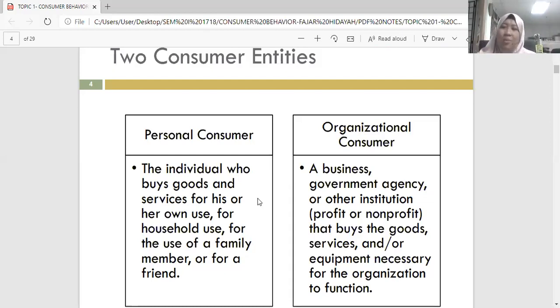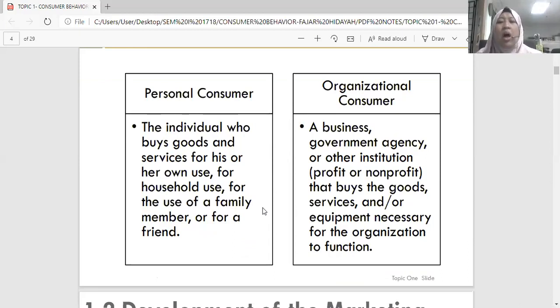In ITB, Introduction to Business, BUS 1231, there are two different kinds of organization: profit versus non-profit organizations, that buy the goods, services, and equipment necessary for the organization to function. For example, a company like IIC buys a photocopy machine, desktops, computers, chairs, and tables, and they are used for the company. So too in the classroom, we have multiple chairs, the lecturer's table, and the whiteboard. That one we call an organizational consumer.